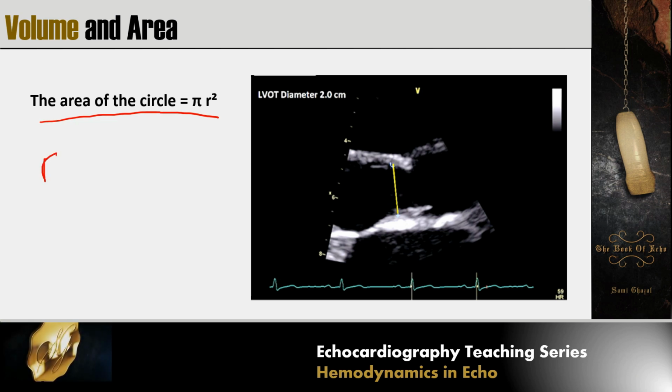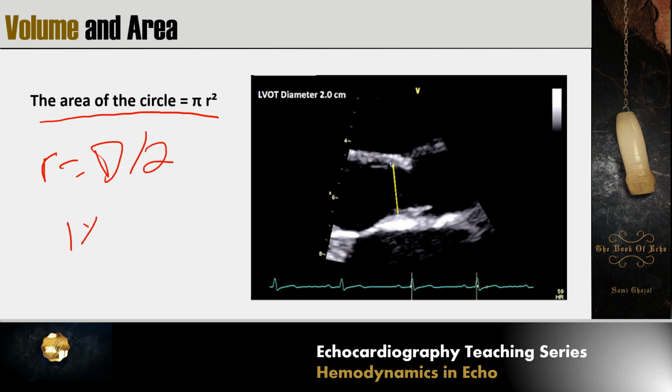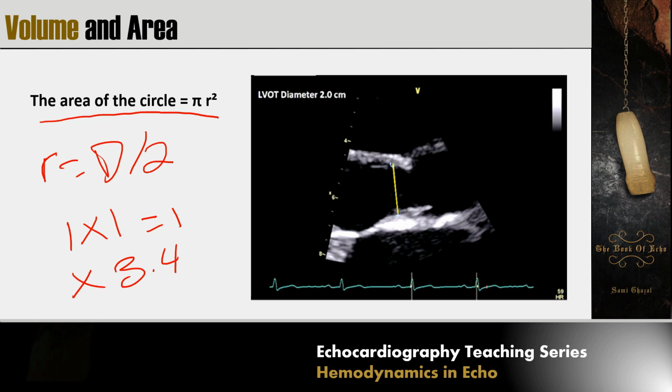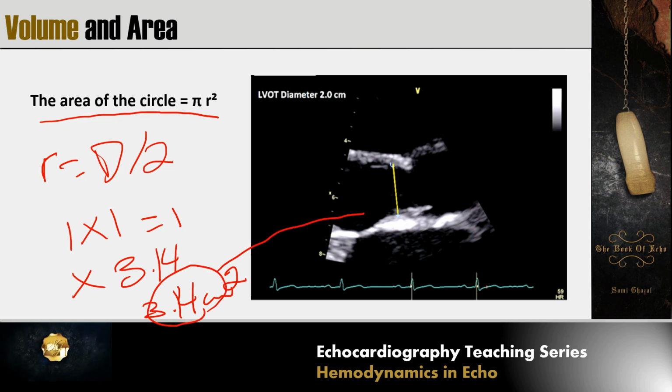The radius equals diameter divided by 2. 1 times 1, this is r square, equals 1, times pi, which is 3.14. We get 3.14 square centimeter. So this is the area of this LVOT here in square centimeter.